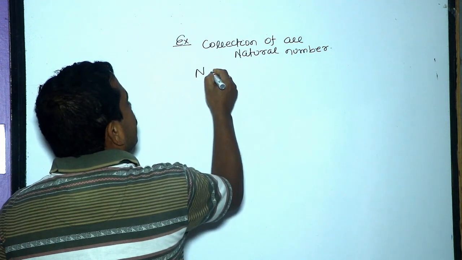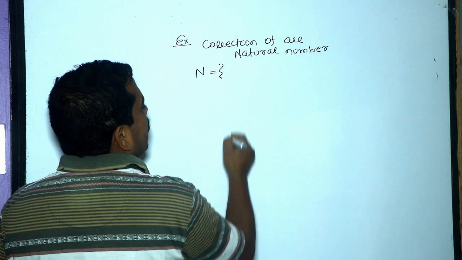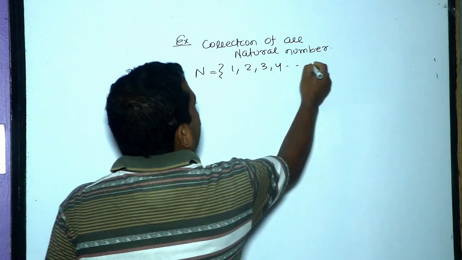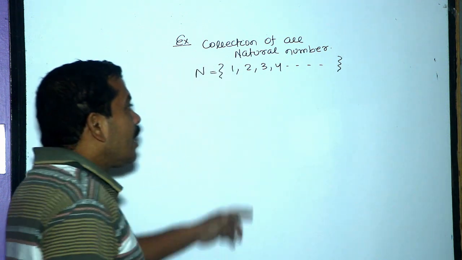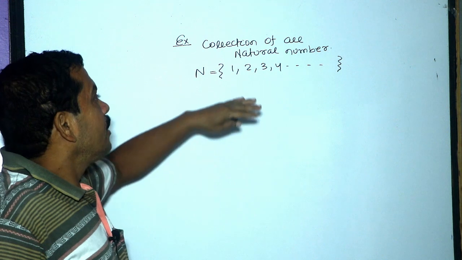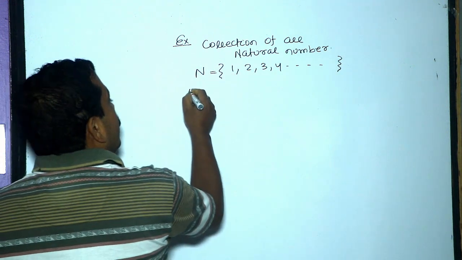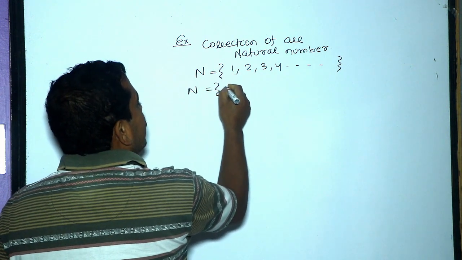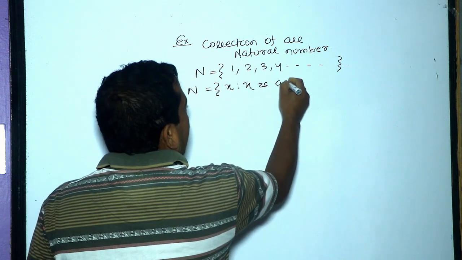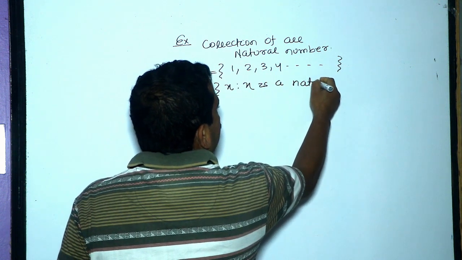In roster form it is written as 1, 2, 3, 4, ... This is the roster form or form of list of the natural numbers. But in set builder form it is written as x such that x is a natural number.